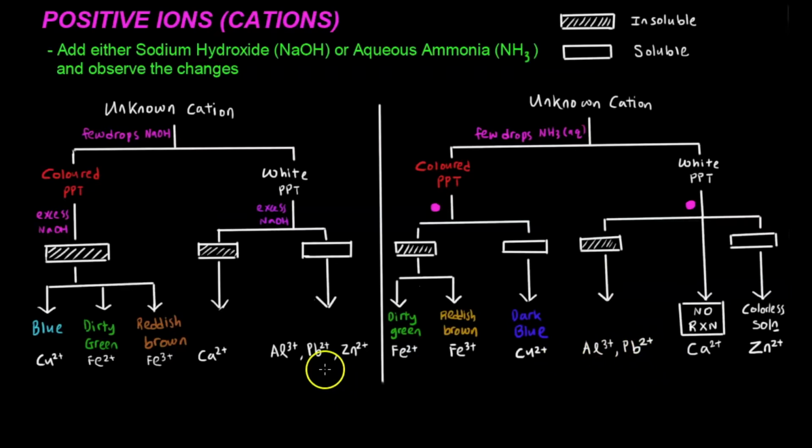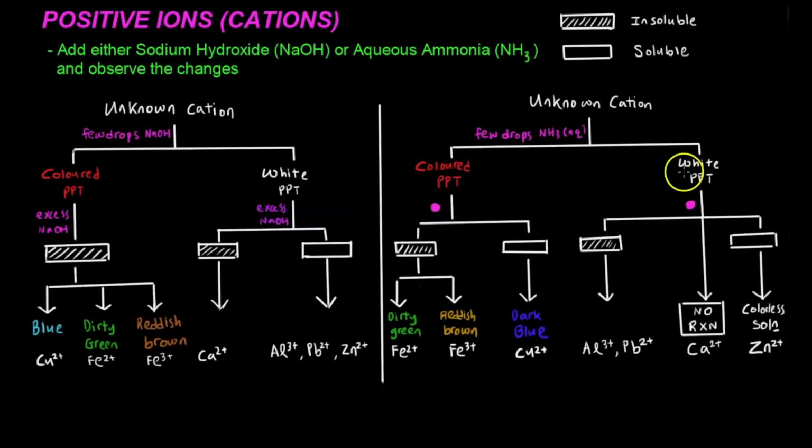You notice that whether you use NaOH or NH3, Al3+ and Pb2+ are always the same. You can think of them as a couple. They always stick to each other, so no matter what conditions you give them, they are always together. If the white precipitate is soluble in excess NH3, it's definitely Zn2+.